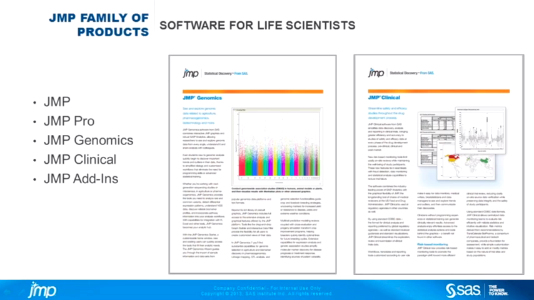Our group specifically, the JMP Life Sciences Group, creates two of those products, JMP Genomics and JMP Clinical. JMP Genomics was a new product about 15 years ago, focused on how to analyze microarray expression data. And since then, it's become a very comprehensive genomic package for almost any type of biological data. When I came on board, a large focus for me was enhancing the methods for statistical genetics.